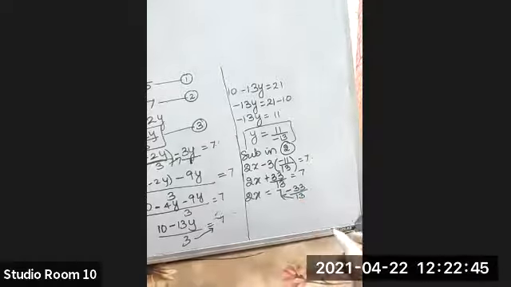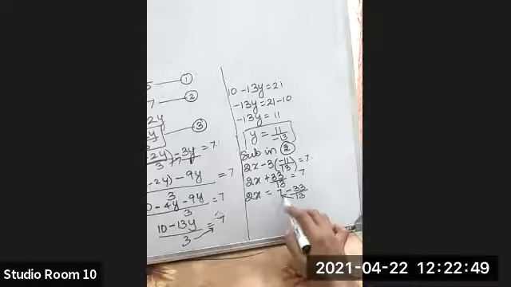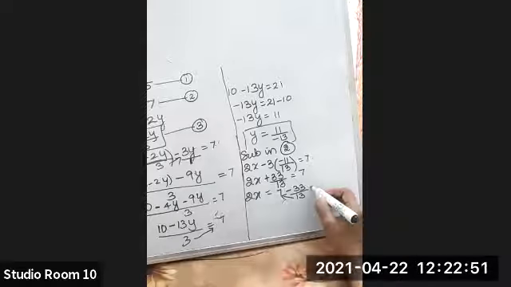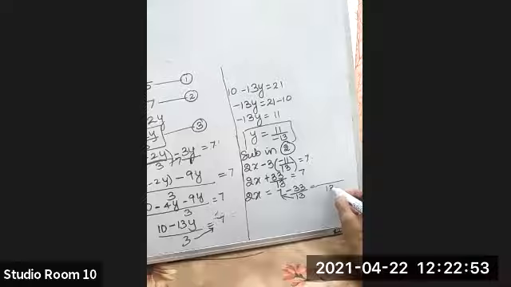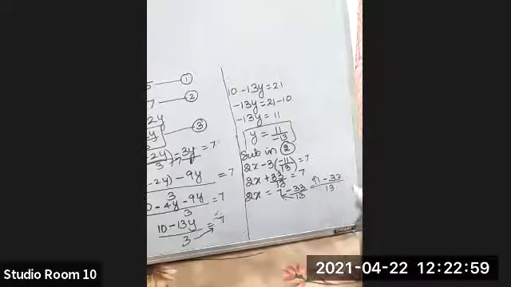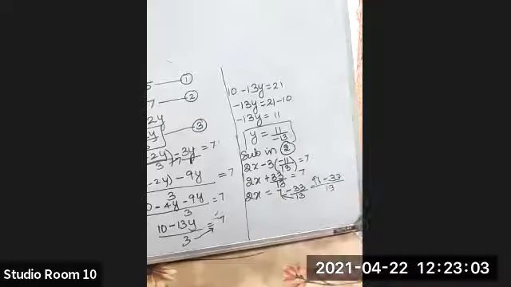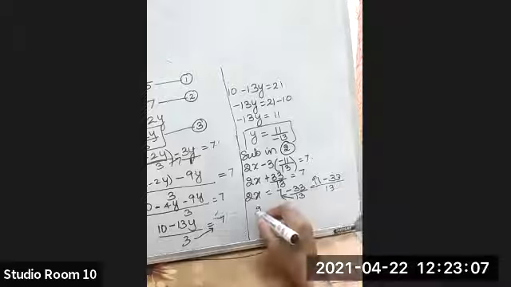What is 13 into 7? Next step is subtraction with the fraction. Here there is no denominator, so we'll take the common LCM as 13. 13 into 7 is 91 minus 33.